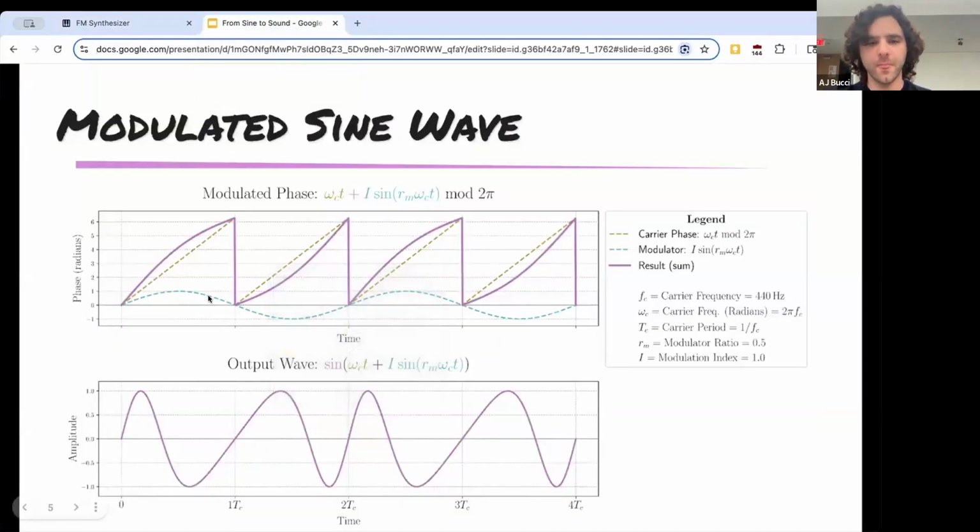So all that's happening here is we're adding this sine wave to the base phase of our carrier wave. The wave corresponding to the modulator is this blue dotted sine wave.